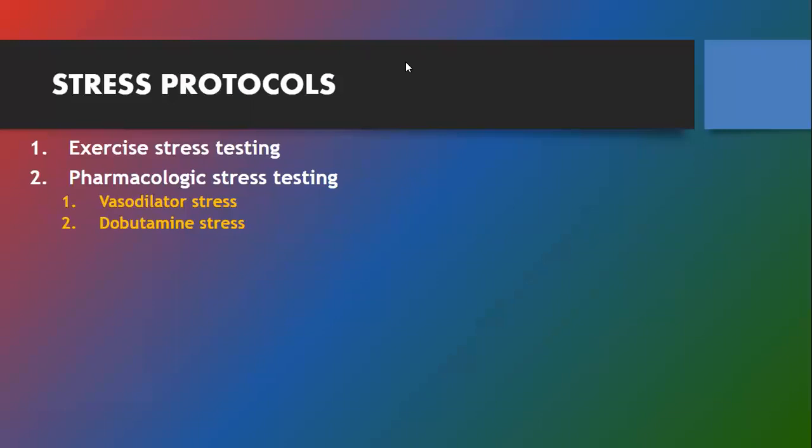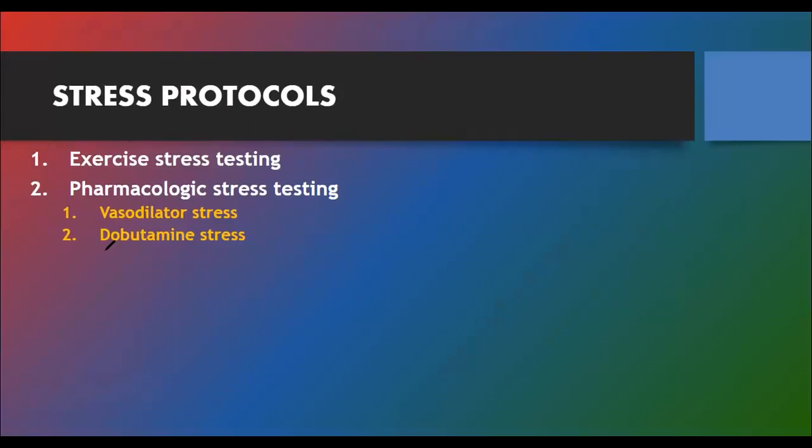Then the choice we are left with is dobutamine. The mechanism of dobutamine is mainly to increase the heart rate. As we discussed, this is about demand supply mismatch. So using dobutamine, we are going to increase the heart rate of the individual and try to achieve the desired results.